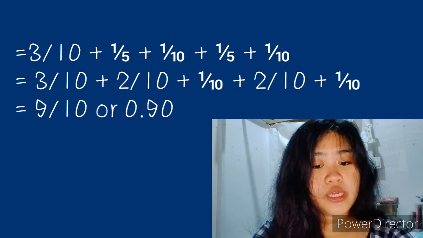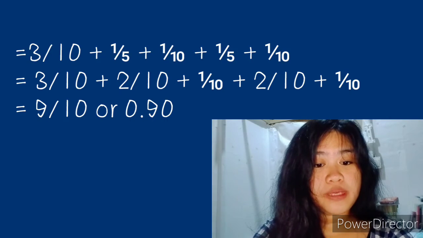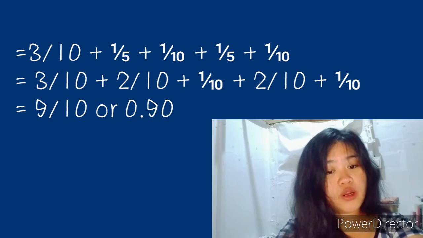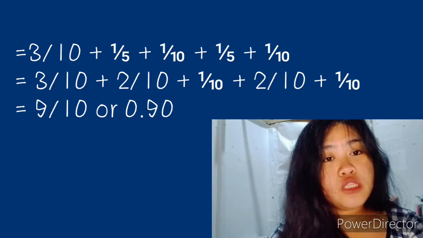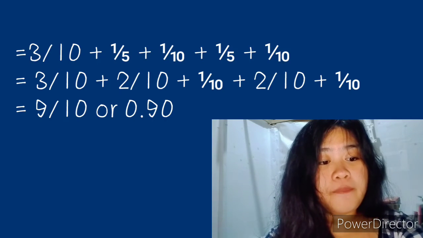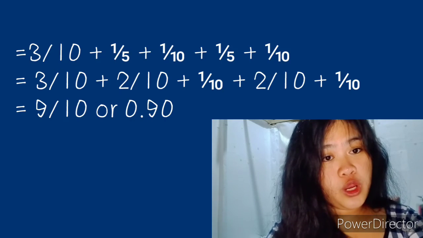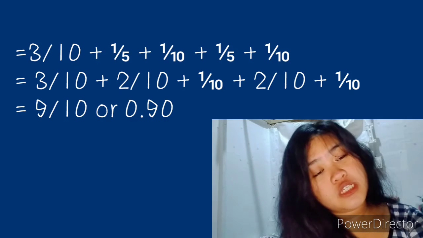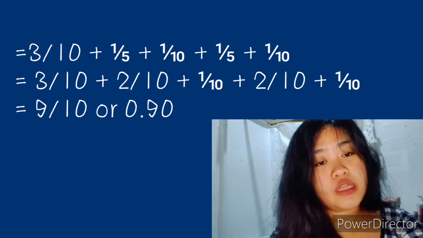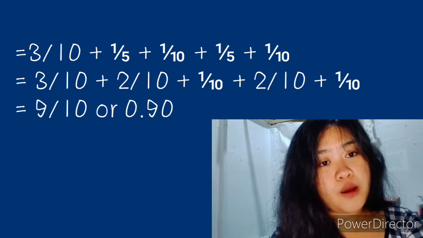So for now, we're going to solve letter D, which is to find P(X ≤ 45), and it would be equal to P(45) plus P(42) plus P(40) plus P(37) plus P(35). We're just going to repeat what we've done in the first three parts. We're going to substitute the corresponding probability.